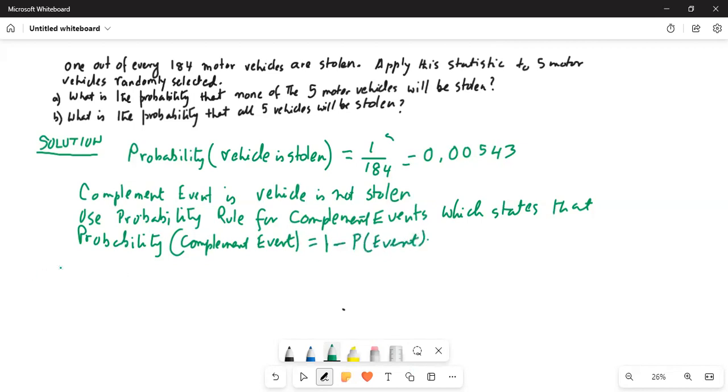So the probability that the vehicle is not stolen is equal to 1 minus the probability the vehicle is stolen.